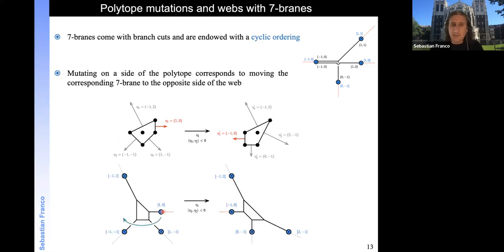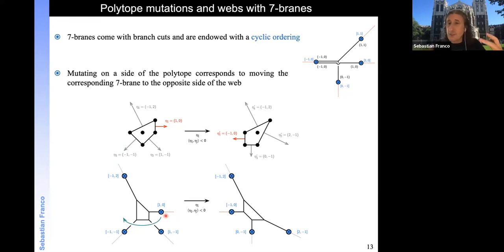Well, this is like moving this to the other side, modifying the 7 branes that are at the bottom. But again, you can do this more rigorously and say, keep the 7 branes the same, but then the orientations are changed when I go through the branch.